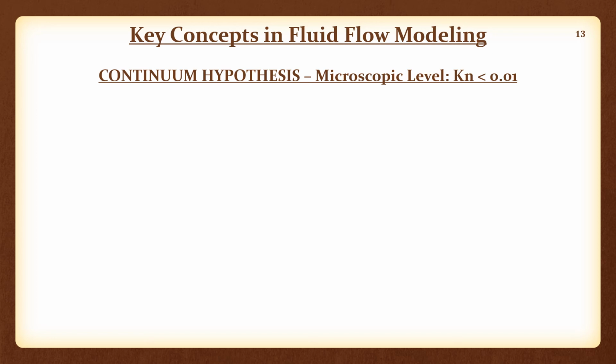Whereas when your Knudsen number is less than 0.01, typically the number of collisions that the molecule undergoes is of the order of 100 or more. And when 100 or more such collisions happen, the behavior of the molecule may be considered an average behavior. The individual collisions will matter less and less. It's the average behavior that will start dominating.